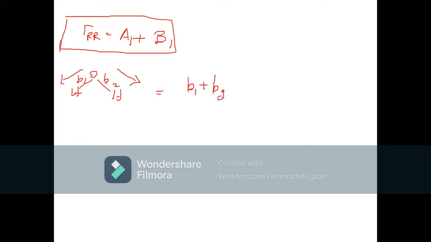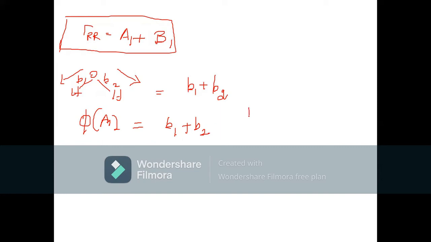So the SALC pertaining to A1 symmetry will be of the form B1 plus B2. Now on normalization. So what is normalization? You have to normalize.